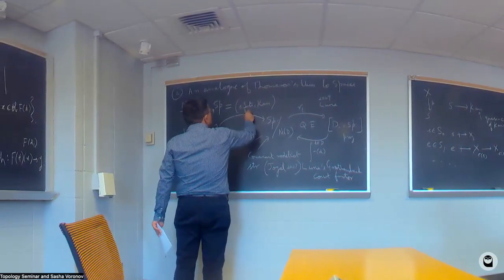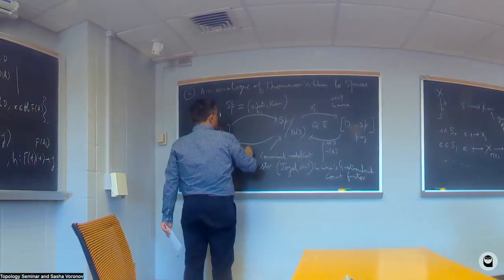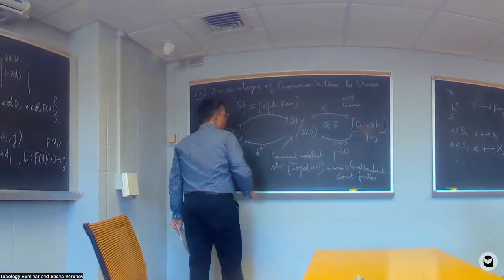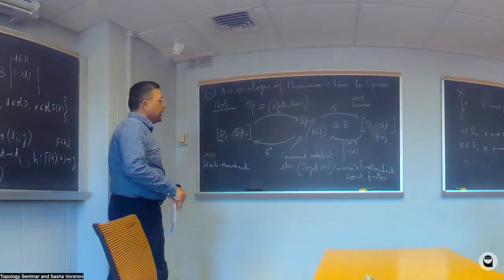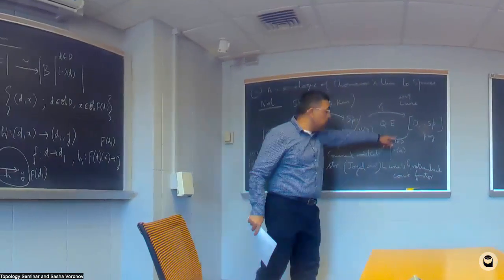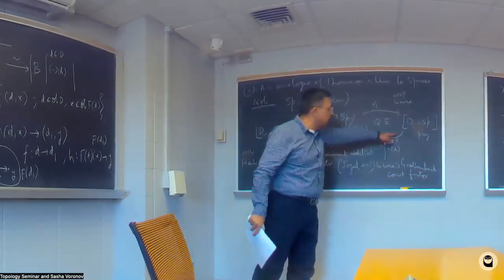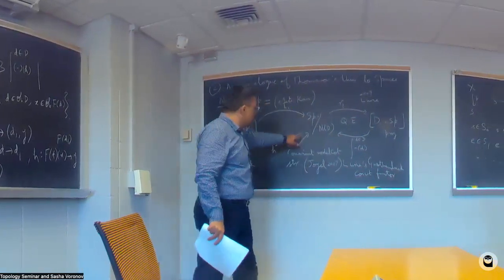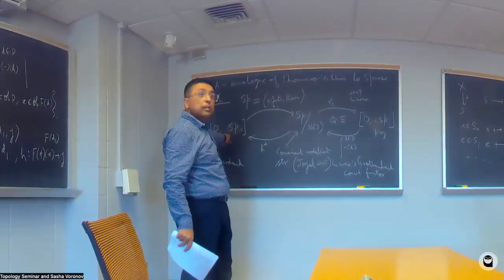This functor is denoted H lower shriek, and this is H upper star. That's your left adjoint. So you can see that the functors are going in the opposite direction. Here, the right adjoint goes from here to here, and there the right adjoint is going in the opposite direction.